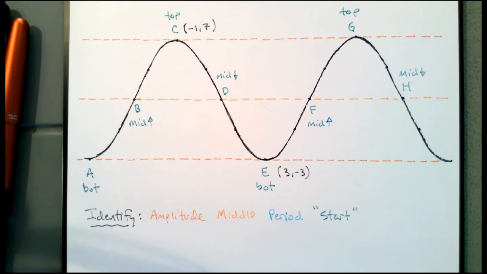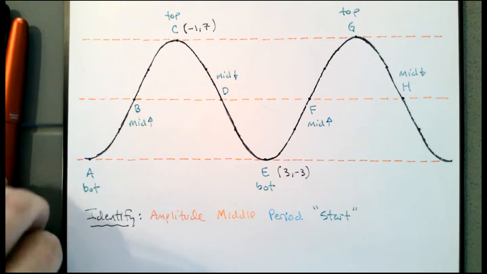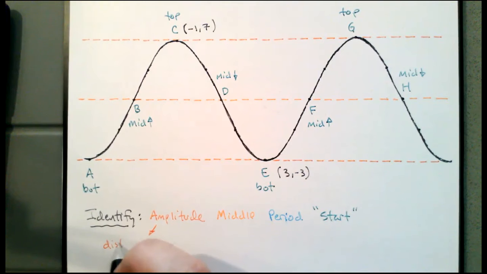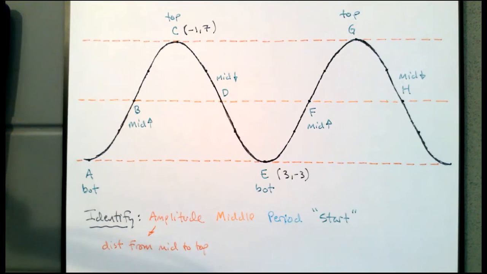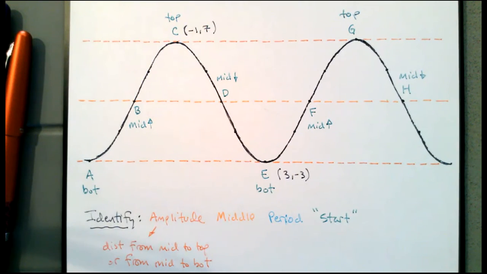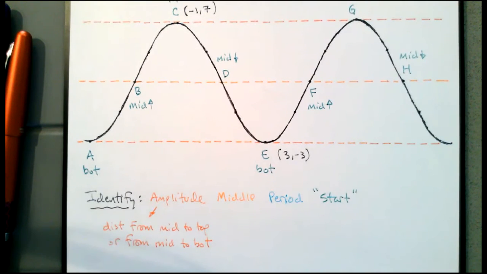Remember that the amplitude is the distance from the middle to the top. And this is distance in y. Or from the middle to the bottom. And the amplitude is the vertical distance from the middle to the top or from the middle to the bottom.